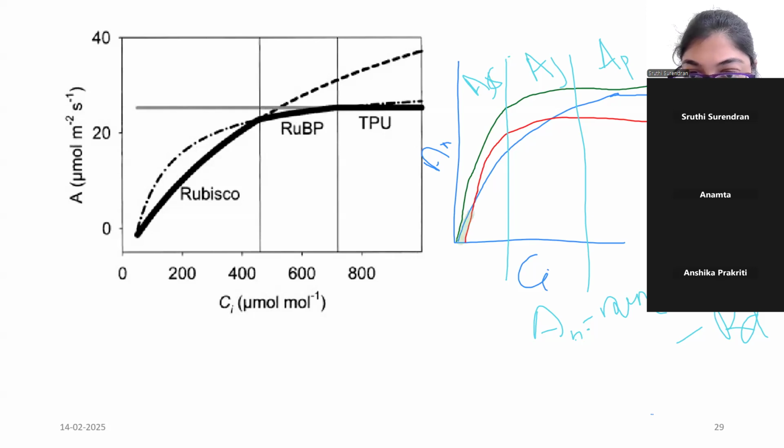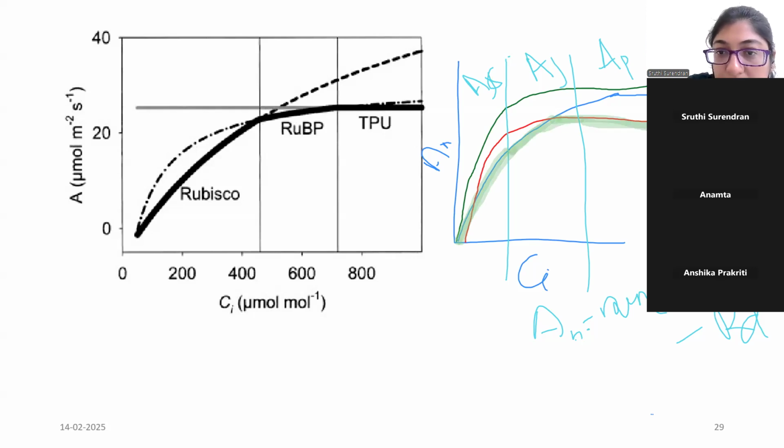We'll take this one. In this part, again, this is what is giving the most minimum value. And in this part, again, this is the equation. So the final ACI curve is going to be this one.